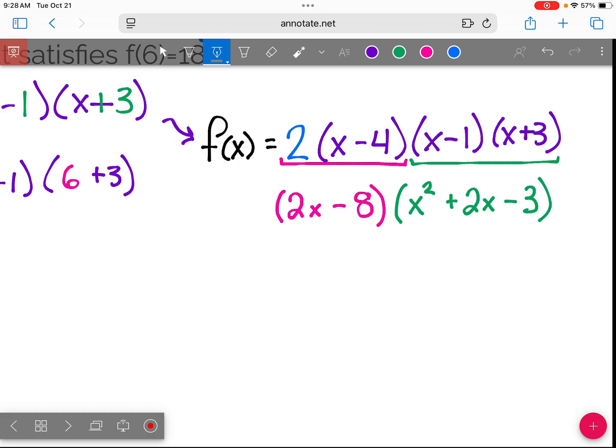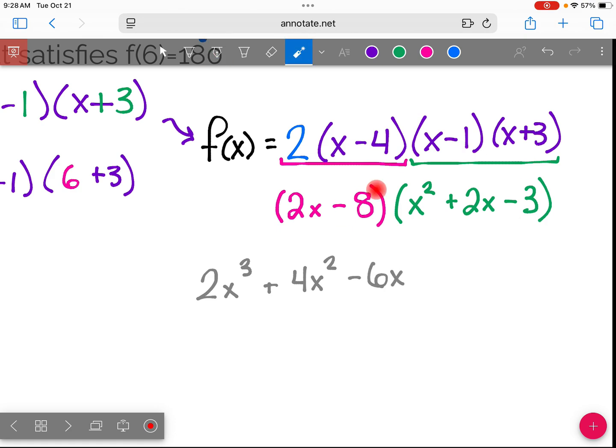we should get our 2x cubed because I'm going to take my 2x times everybody over here. So my 2 times x squared gives me 2x cubed. 2x times 2x gives me a plus 4x squared. My 2x times minus 3 gives us a minus 6x.